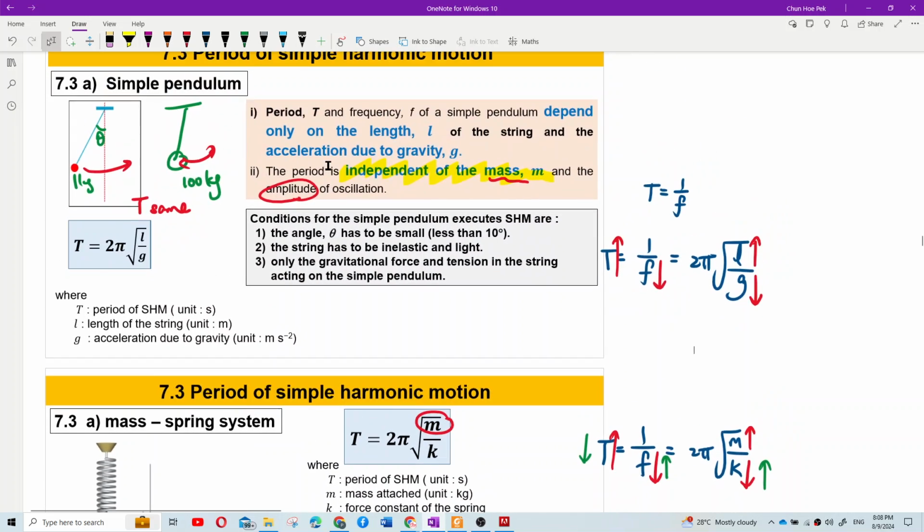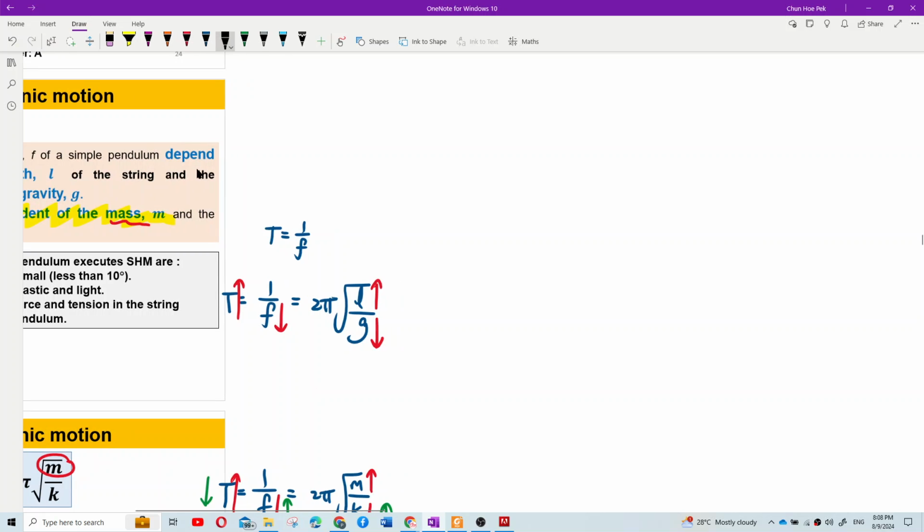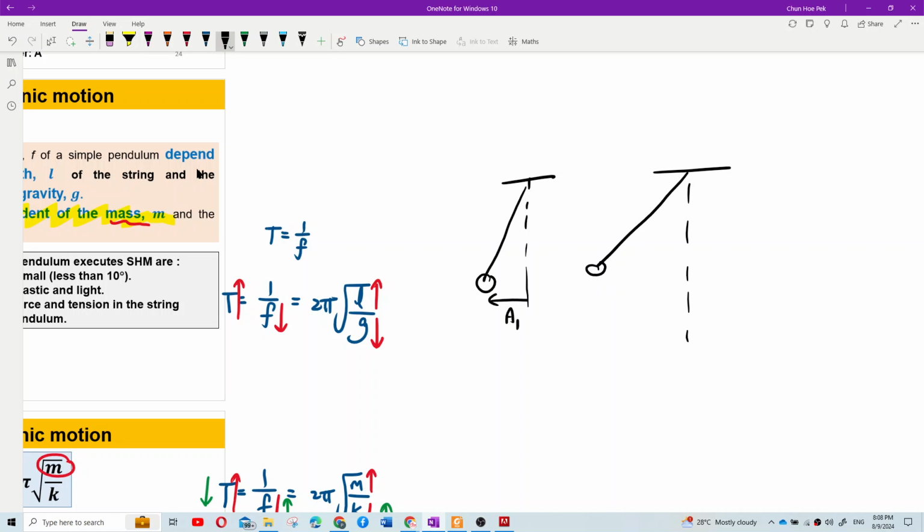That means if my oscillation, this is the equilibrium, I oscillate with this much amplitude, but the other pendulum I put with very high amplitude.